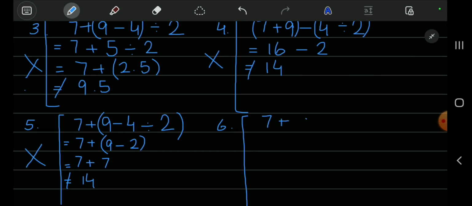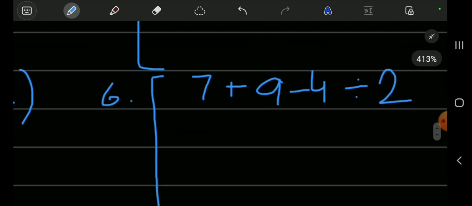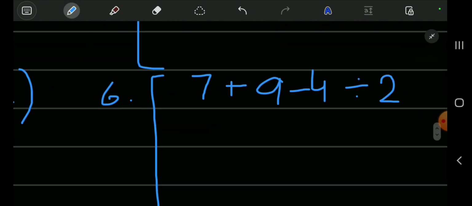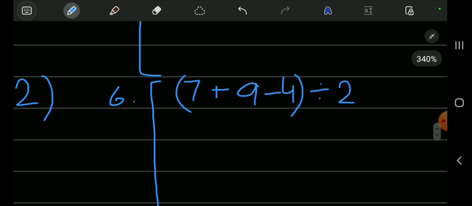7 plus 9 minus 4 divided by 2. What if we put a bracket over here? 7 plus 9, 16. Obviously, inside the brackets, we are going to follow the BODMAS rule. First addition, then subtraction.